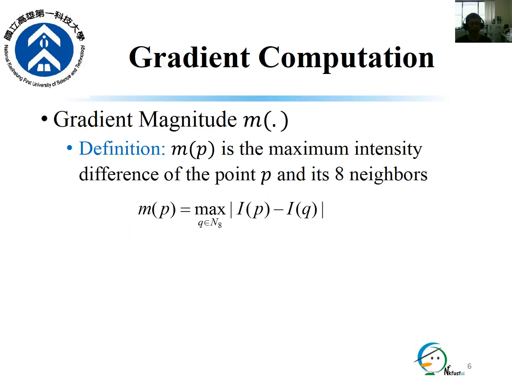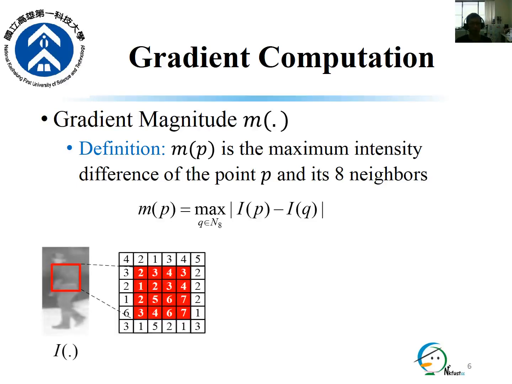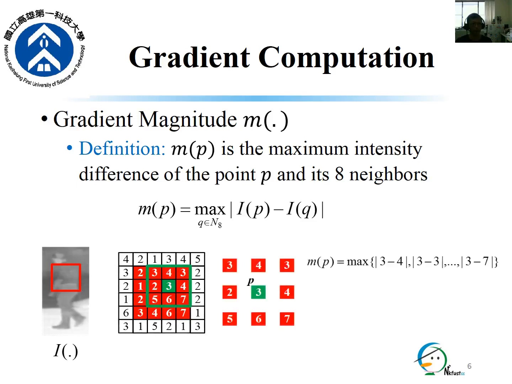In HLID, the gradient magnitude of a point P is defined as the maximum intensity difference around its neighborhood. For a 4x4 block, the gradient magnitude of an interior point P is computed as follows. Firstly, compute the differences to the east neighborhood, northeast neighborhood, and so on.